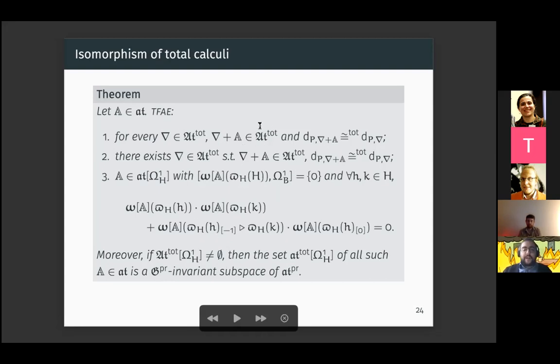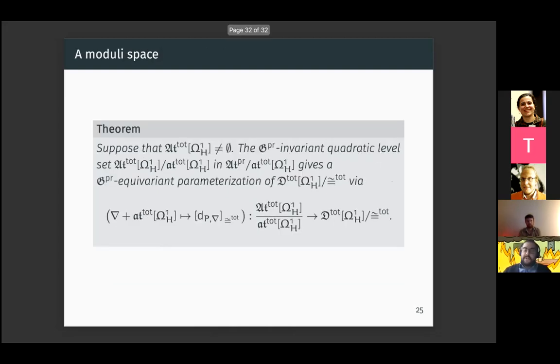So this is actually kind of striking, because it now means that the moduli space we're seeking is actually a quadratic level set. So this is my punchline, for such as it is.